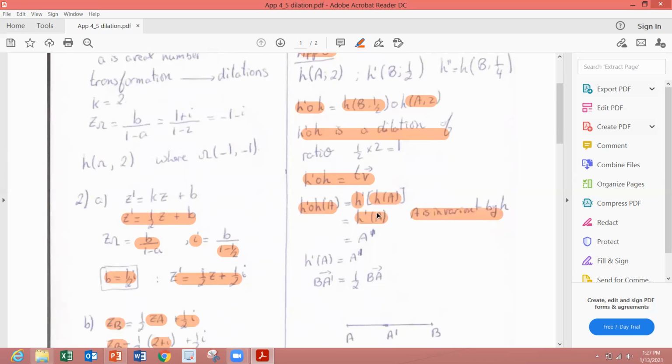Okay. H prime of A, I named it A prime. The image of A by H prime, I named A prime. Is there any problem up to here? I can call it any point. I call it A prime.